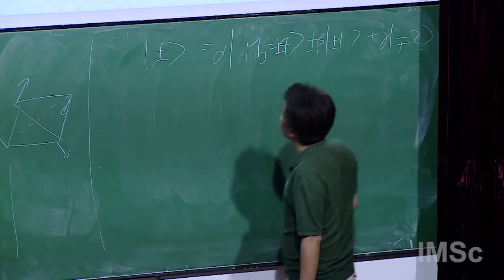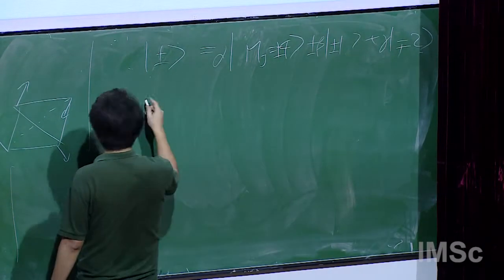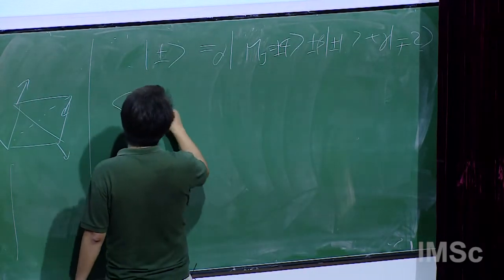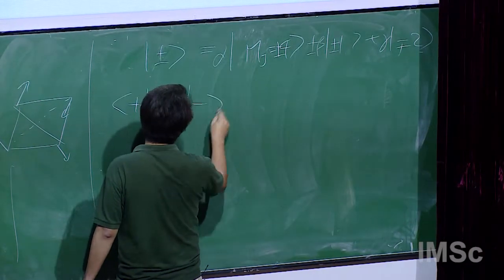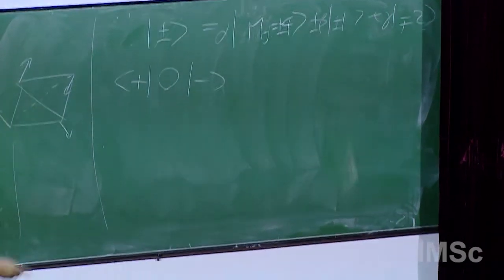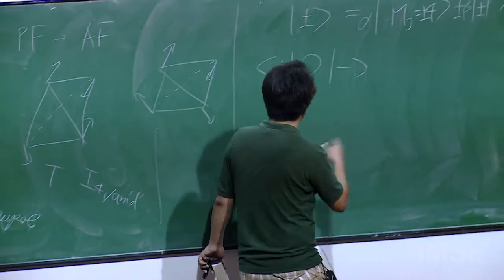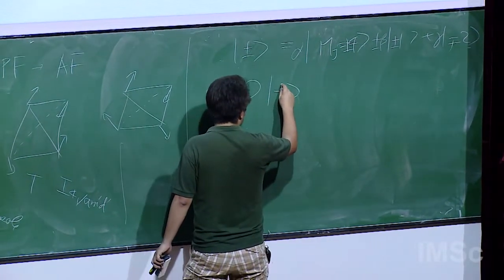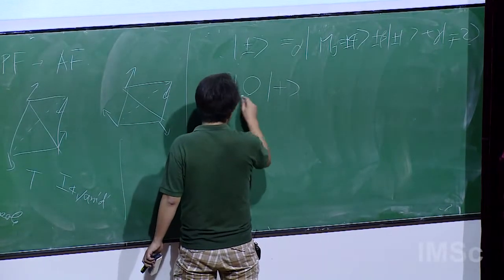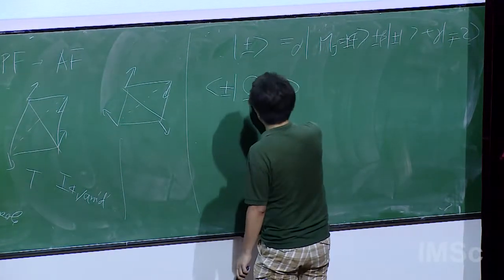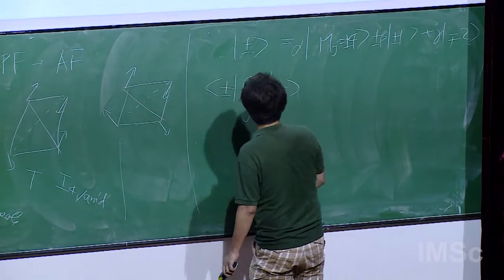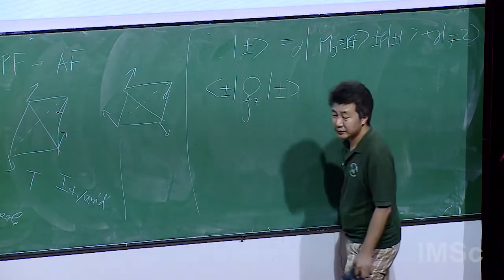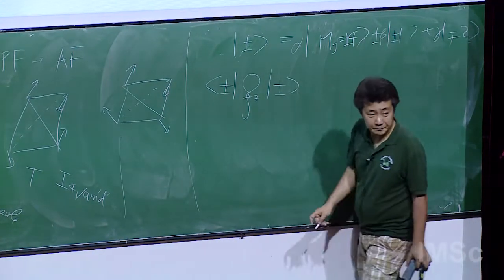So what we observe is that we can construct matrix elements between the different states in the doublet. And if you take the diagonal component, then we can find a finite matrix element between the same states for JZ.